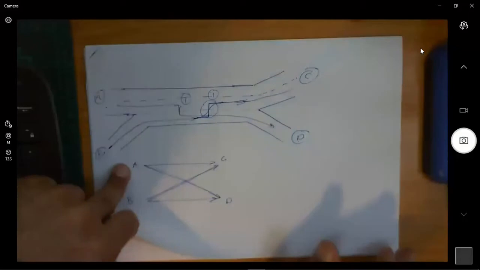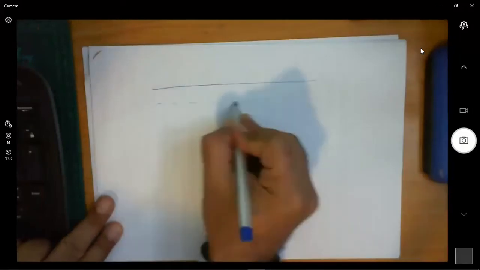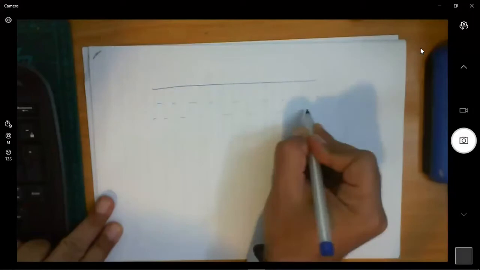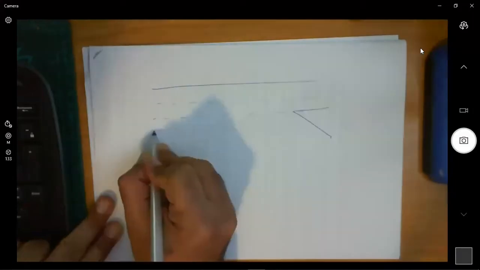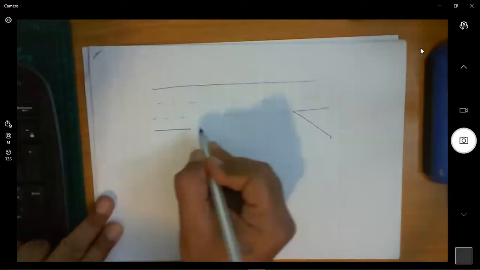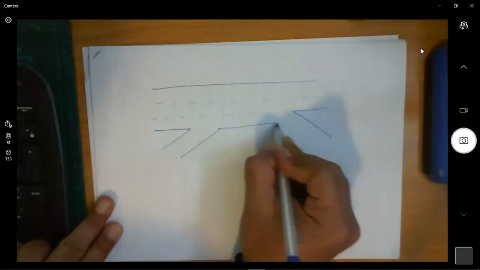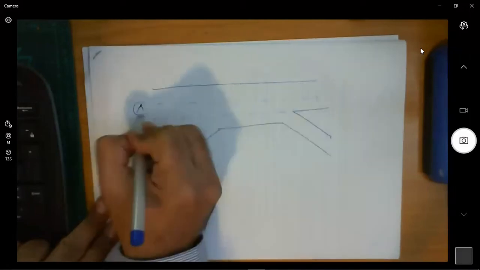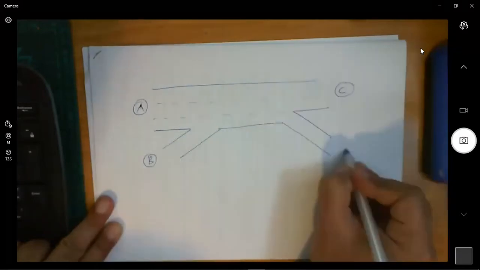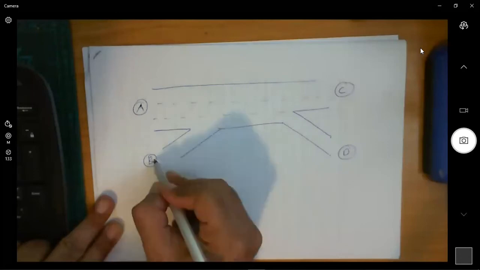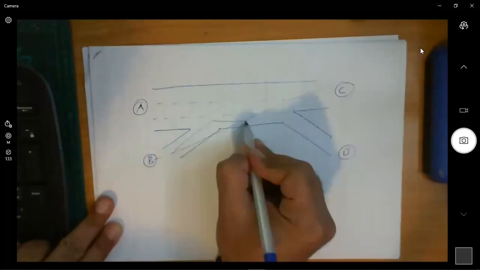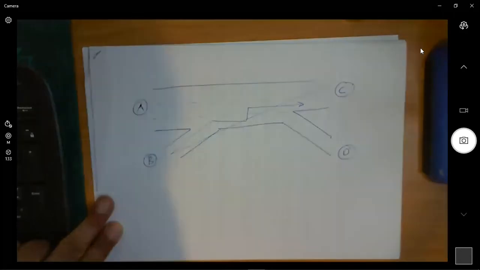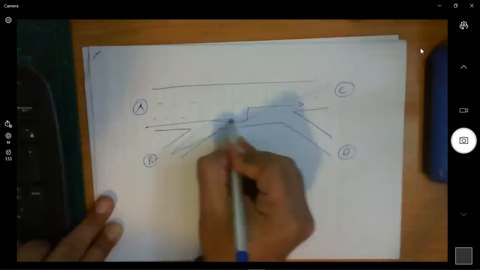If the situation changes and we have another condition here, again we have A, B, C, and D. We have the weaving volume from B to C. It must make one lane shift, but the volume from A can just keep going and exit from here.